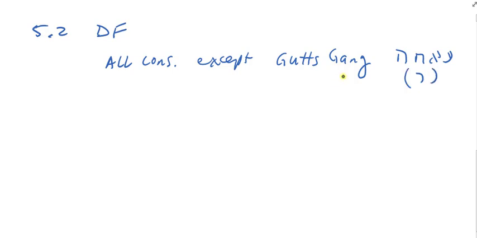So if you think about gangs, they kind of go by funny names. Back when I was a kid, we talked about the Bloods and the Crips, the two street gangs that everybody was afraid of. Well, the gutturals are a gang of crazy letters running around through the Hebrew alphabet and the Hebrew language, causing trouble, wreaking havoc.